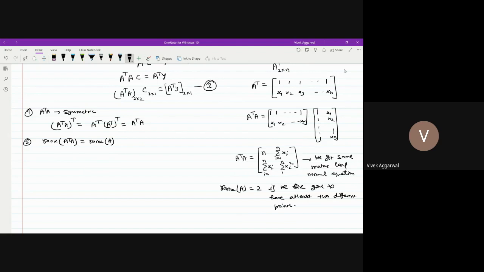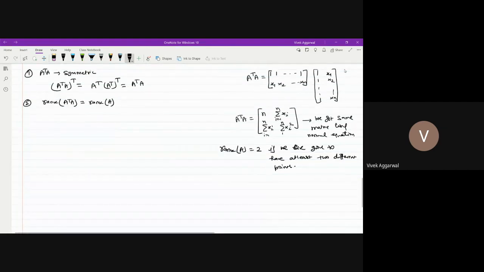If all the points are the same, then definitely this matrix is going to have rank 1. Otherwise, it is going to have rank 2, and this is the maximum rank it can have. So from here, I need to show that the rank of A transpose A is also 2. And it is a 2 cross 2 matrix. So you know that if we are able to do that, then we are done.